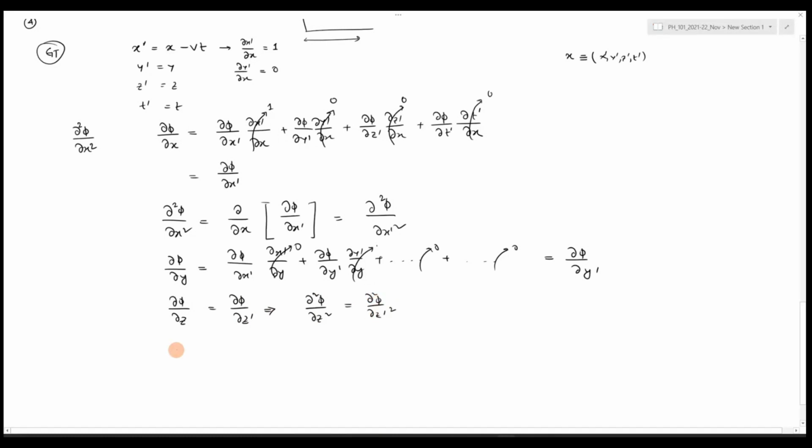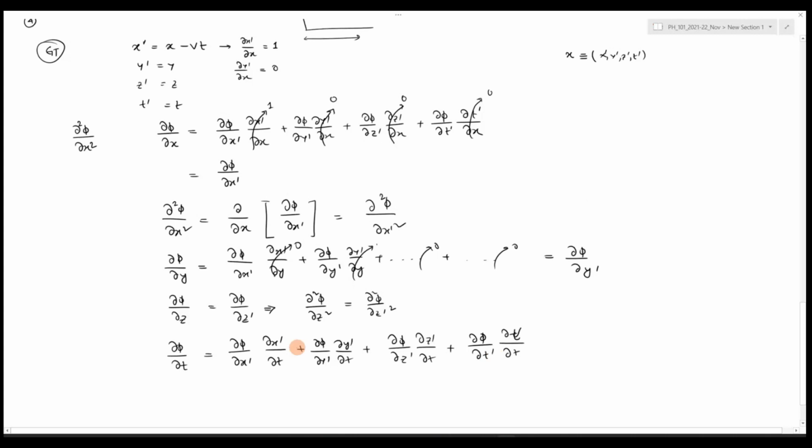But when we write this term d phi by dt, it will not be the same. Now let us see. So this term will become d phi by dx prime, dx prime by dt, plus d phi by dy prime, dy prime by dt, plus d phi by dz prime, dz prime by dt, plus d phi by dt prime, dt prime by dt. Just stop me if you have any confusion.